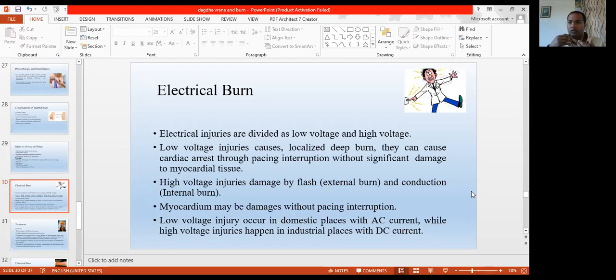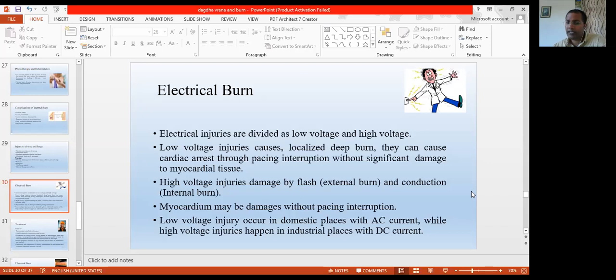The damage depends on the resistance provided by the body organs. Usually our soft organs give very little resistance, so they are damaged more, and the hard organs like bone and muscles give a little more resistance, so they are damaged less. So this is the pathophysiology of the electric burn injury.